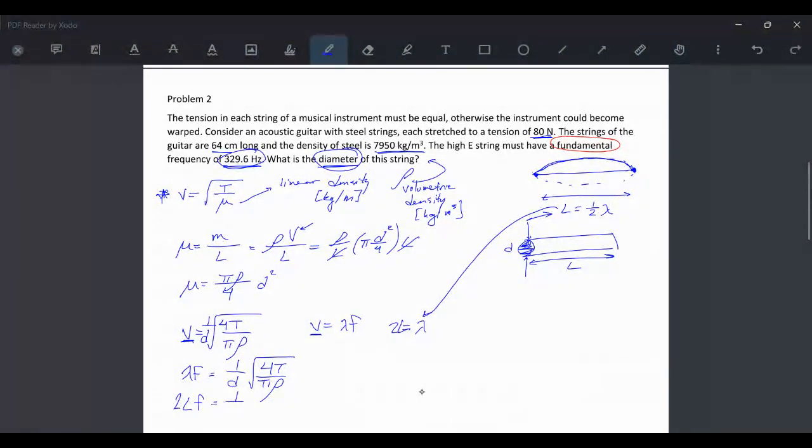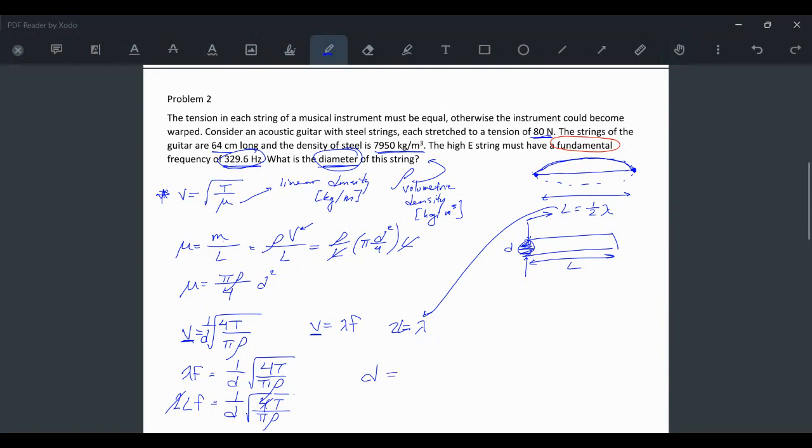2L times the frequency is equal to 1 over d times the square root of 4 times the tension, divided by pi, divided by rho. The square root of 4 is 2. There's also a 2 here, so these cross off. And what we're left with, we cross multiply the d and the Lf.